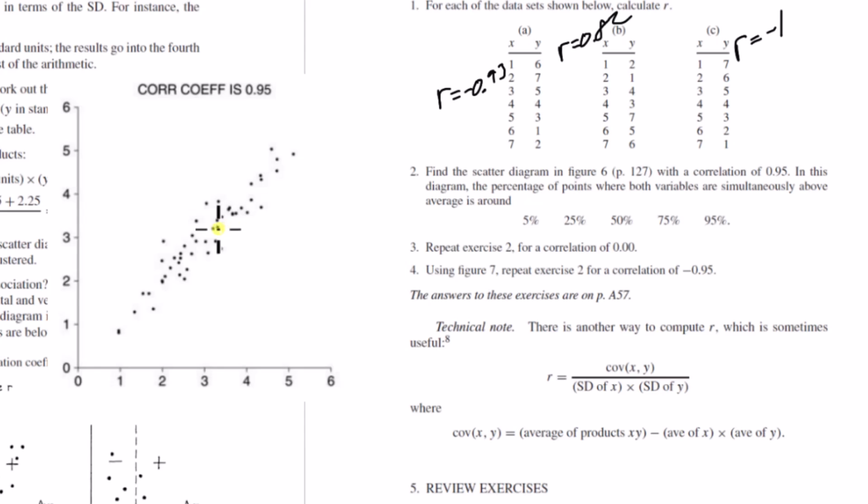Okay, so the point of averages looks to be somewhere around here, and so we can draw a horizontal and vertical line going through this point. Simultaneously both being above average would be over here, to have both the y and the x above average. So the percentage of the points where both are above average is about 50%.